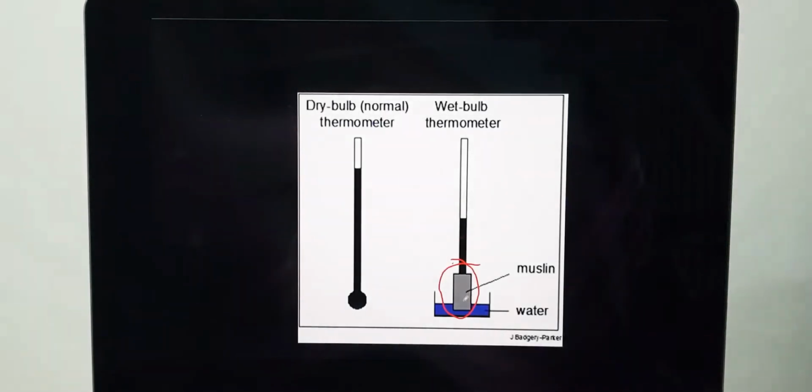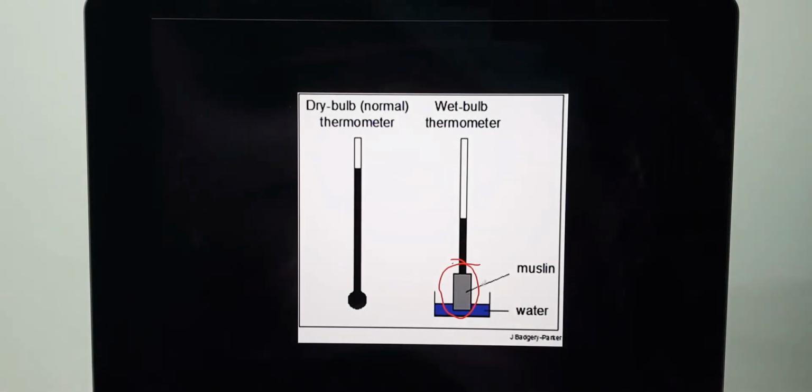So when we wet this muslin cloth, of course the temperature for this thermometer will drop below that of the normal dry bulb thermometer. For example, the dry bulb thermometer is at 35, but when you submerge the wet bulb thermometer into water, the temperature can go down to maybe around 28 or 25 degrees Celsius.